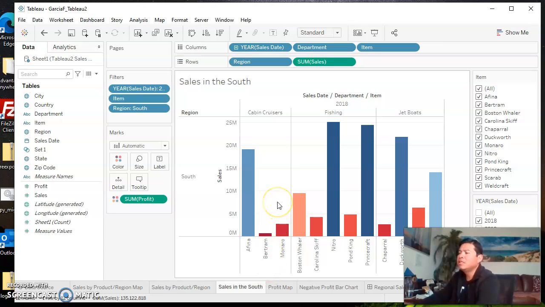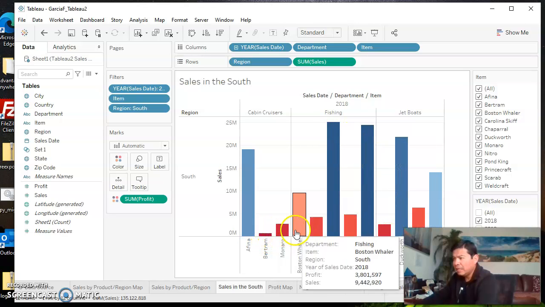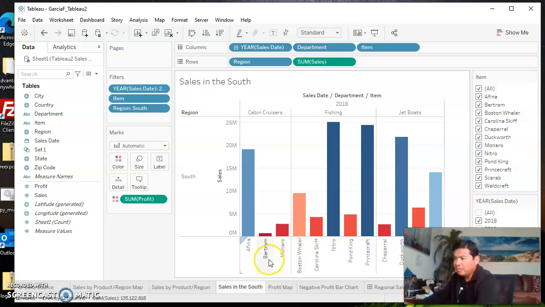Here we see sales in the south. So we are looking at the south region. We can see that there are some high sales here, but we see a lot of lower sales, which are Bertram, Monaro, Sarab, and Chaparral. These are very low sales.